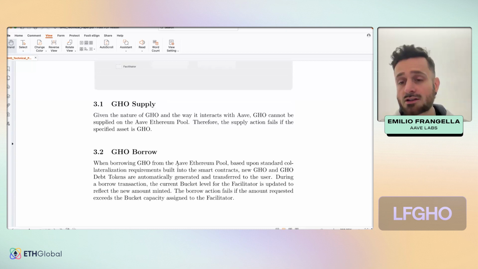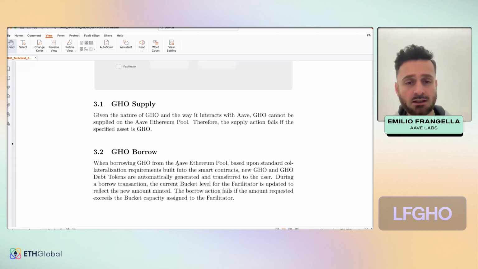Because the Go stablecoin is generated on the fly, there is no supply side on the Aave protocol, so it's not possible to supply Go to the Aave protocol. It might be possible to supply Go to other markets where Go is not generated natively.